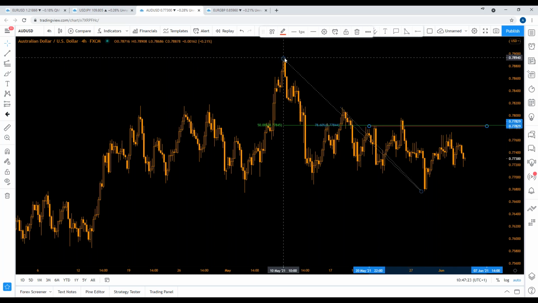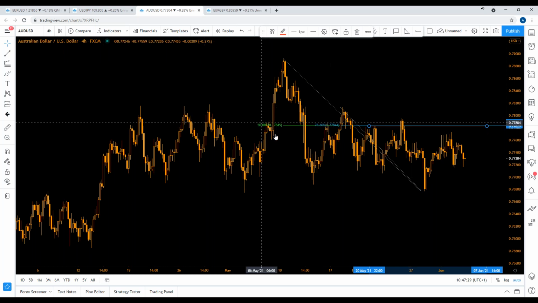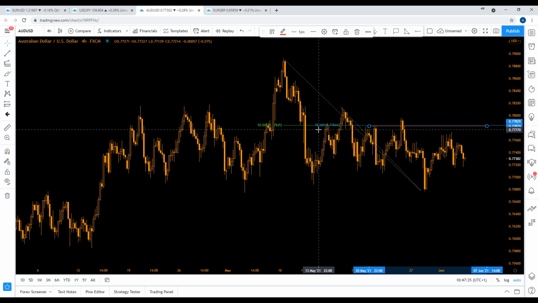So we have a retracement drawn from here to there. Now do know that the 50% is not considered a traditional Fibonacci level, it's just a retracement. But we have the 78.6, which is the square root of the 61.8. So we have these joining up here. So a reaction from this area is potentially on the cards.